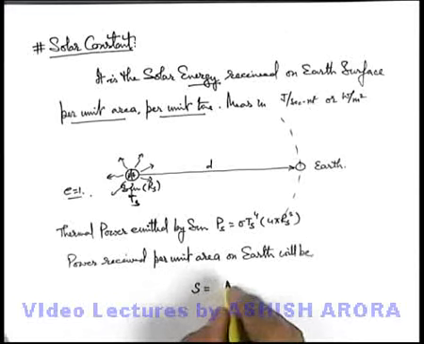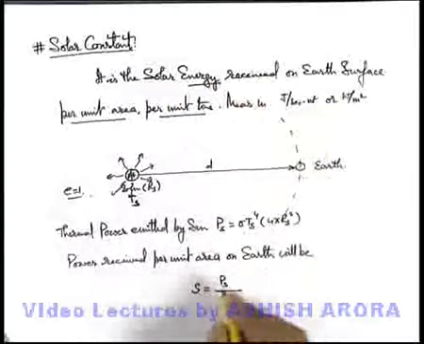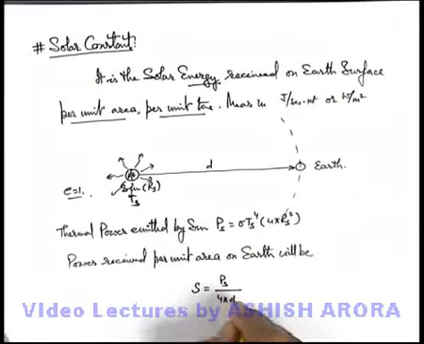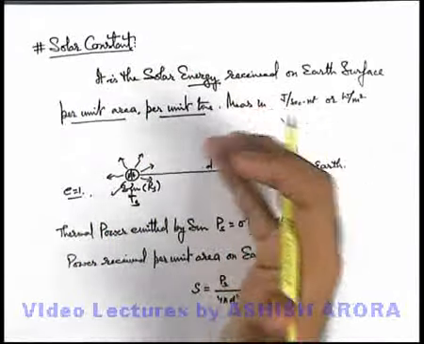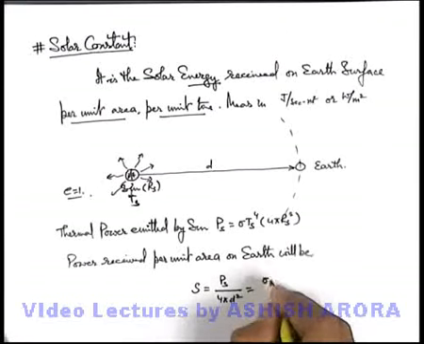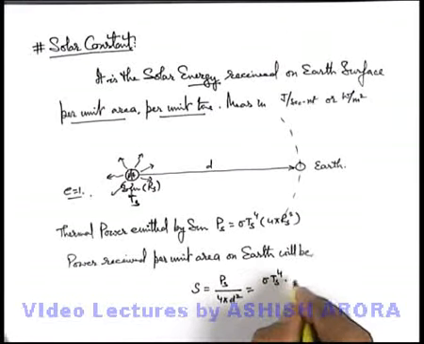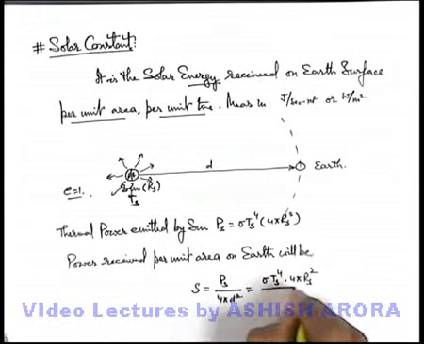So this can be written as the power emitted by the sun divided by the total area on which the power is uniformly falling, which is 4 pi d square, as it is a spherical zone of radius d with the sun at the center. So this can be written as sigma Ts to power 4 multiplied by 4 pi Rs square divided by 4 pi d square.